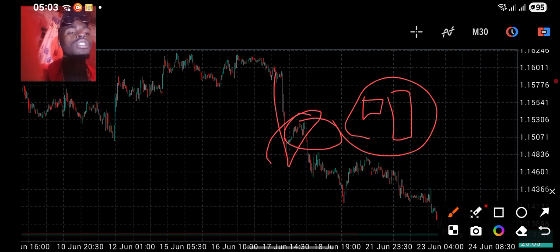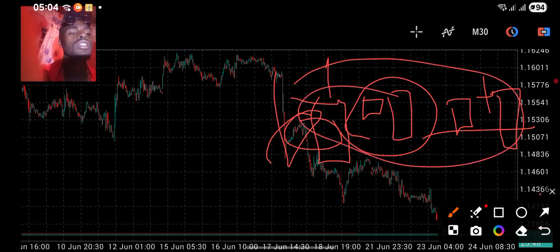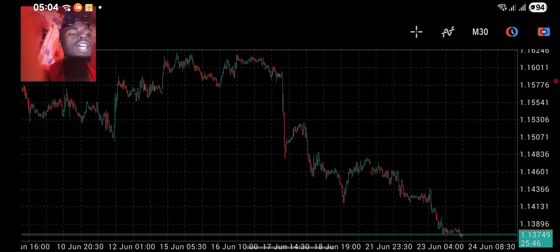We have a morning star, where the market forms something like this, which is a reversal pattern. We have something like a shooting star, something like this one, guys. So these candles confirm. For example, in this case, there is this candle here that is confirming this move.